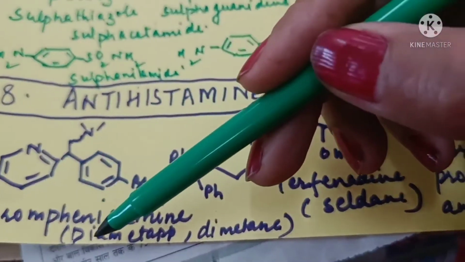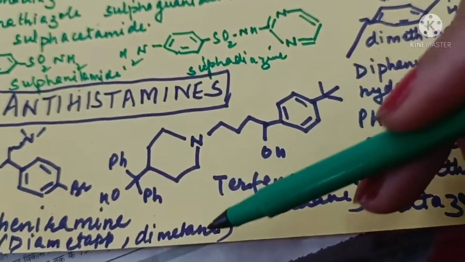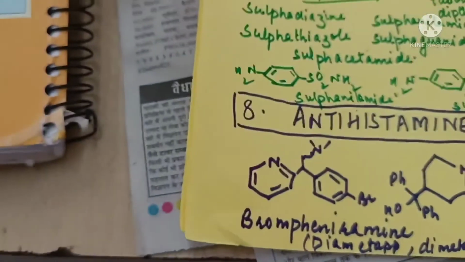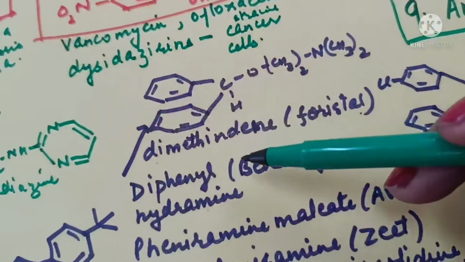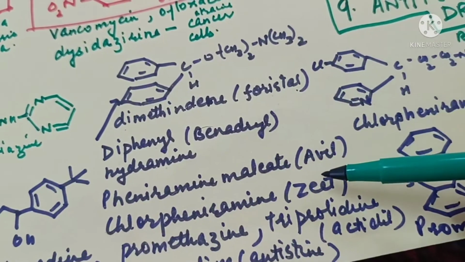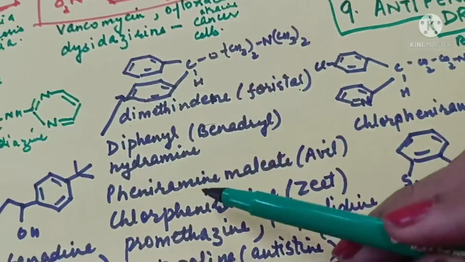This brompheniramine is also known as Dimetab or Dimetane. Then we have diphenhydramine, this is its structure. Then pheniramine maleate, which is Avil. Diphenhydramine is Benadryl.